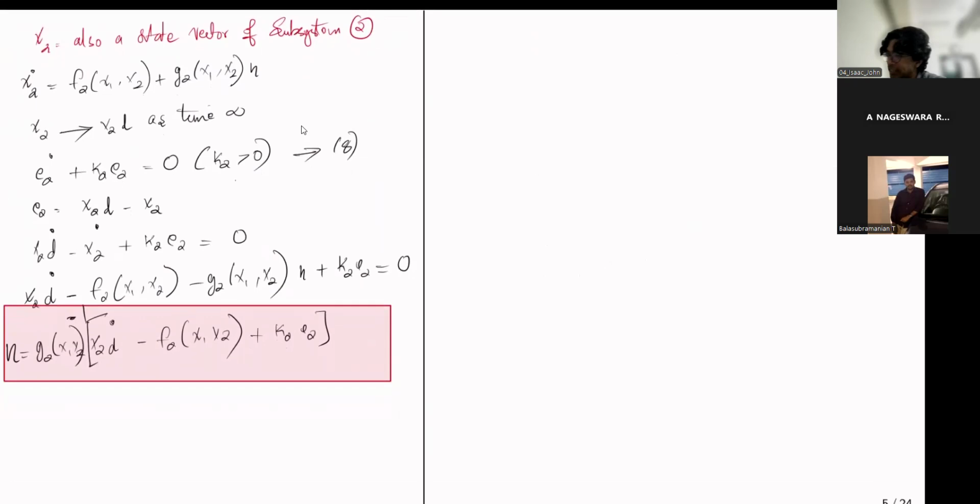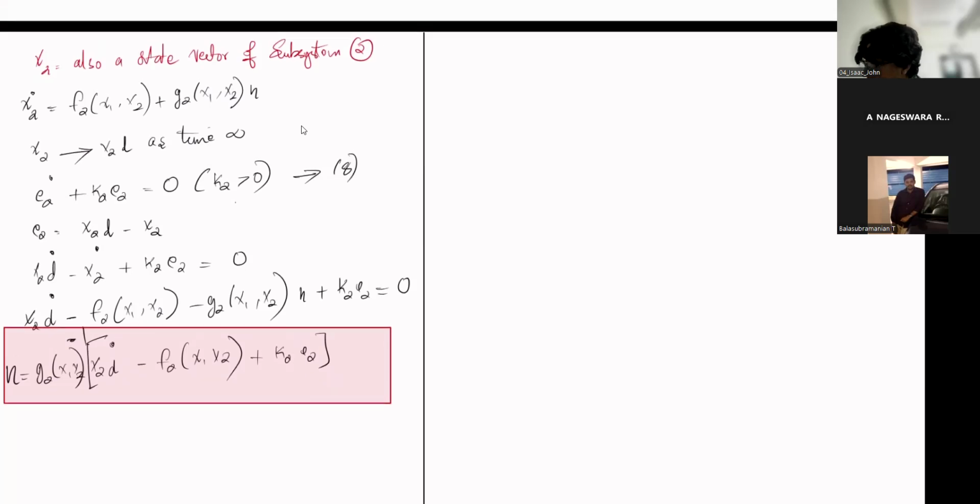So we basically use a technique in nonlinear control systems called the Lyapunov direct method, for assessing the stability of the system.